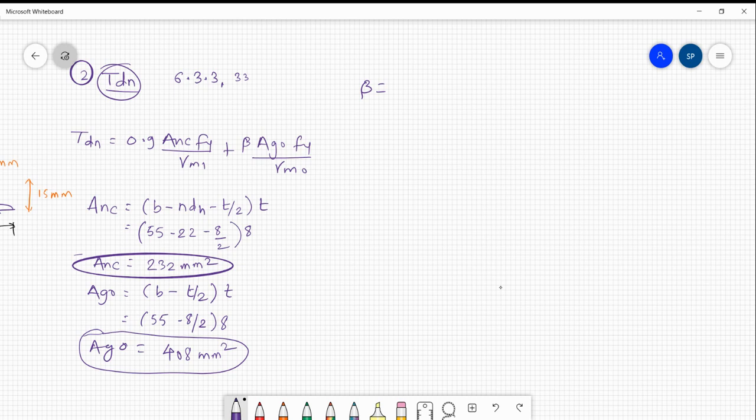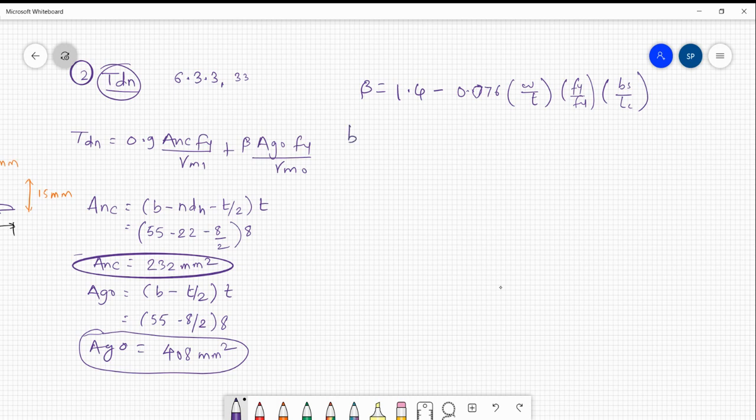So I will just write down first that beta expression. Beta equal to 1.4 minus 0.076 into W by T into Fy upon Fu into BS upon LC.